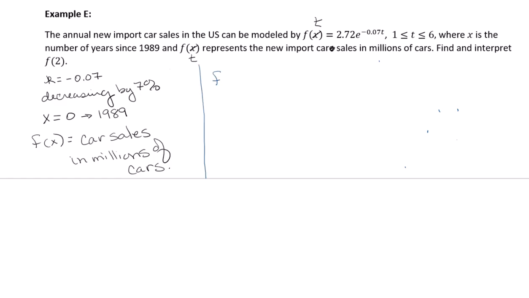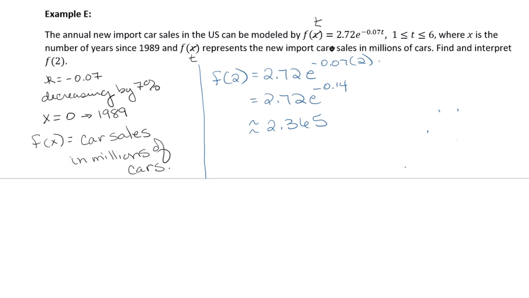So they're asking us to find f(2). If we plug that in, we get 2.365. But in order to interpret it, we need to understand what both the input value of x, or t, and the output value represent.